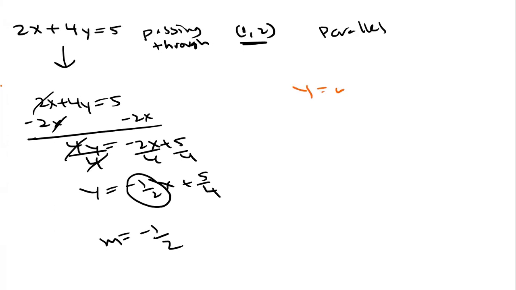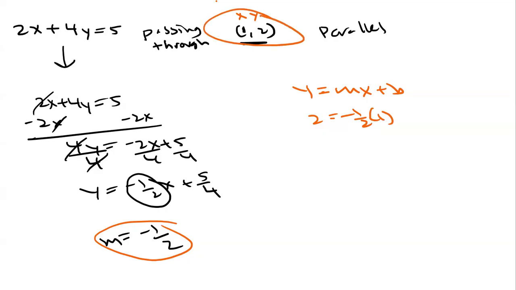So I'm going to write y is equal to mx plus b. This is going to be my x and my y. So y is 2, m we found out was negative 1/2, and x is 1 based off of this, and then plus b. Again, I don't know what my b is. So we have 2 equals negative half times 1, which is negative half, plus b.